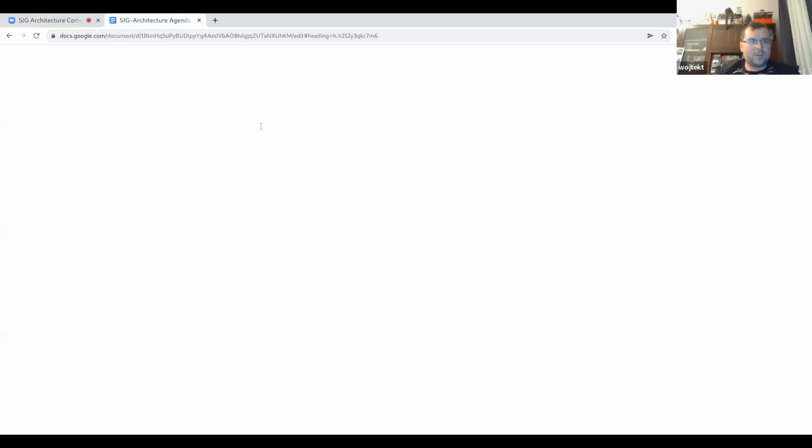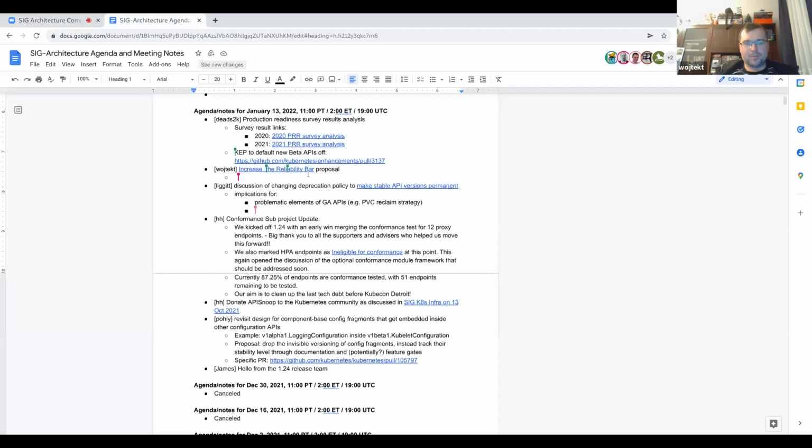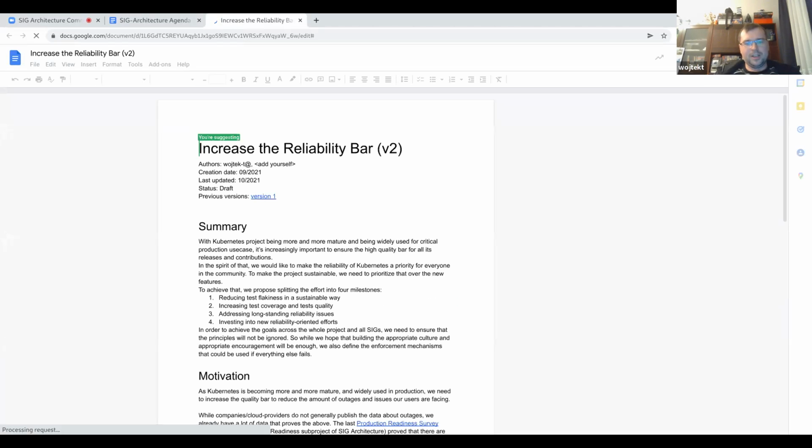The proposal consists of four phases: reducing test flakiness, increasing test coverage, addressing some long-standing reliability issues, and investing in some new reliability-oriented efforts. As part of the reliability working group, we will come up with a more specific list of items, especially in the last two categories, that we will present to SIG Architecture.